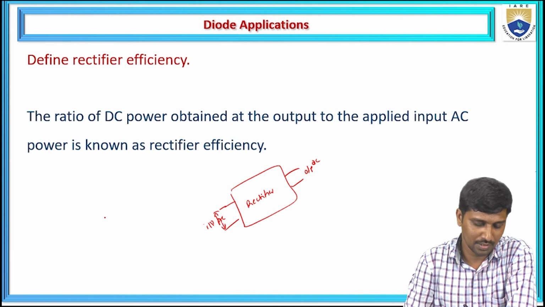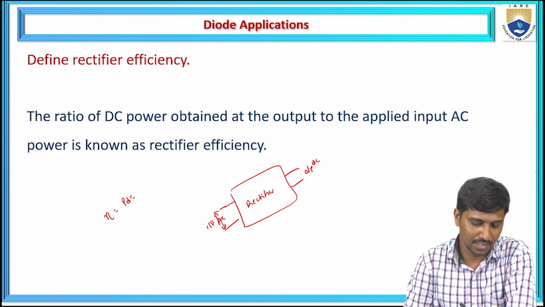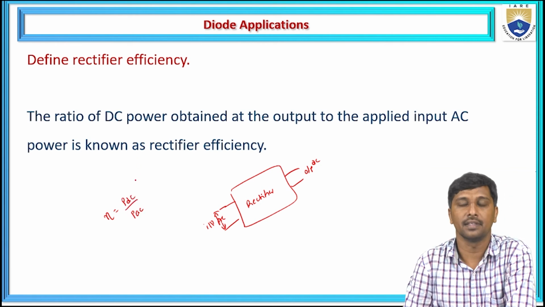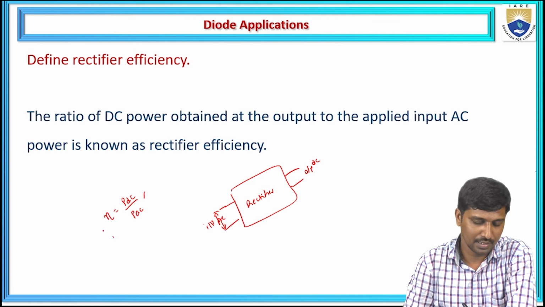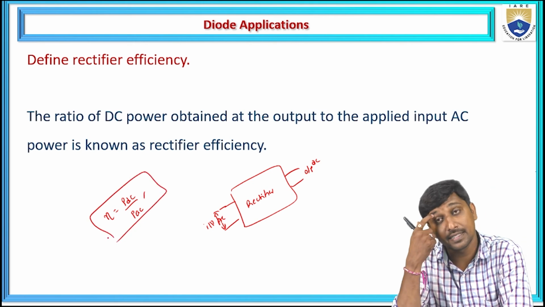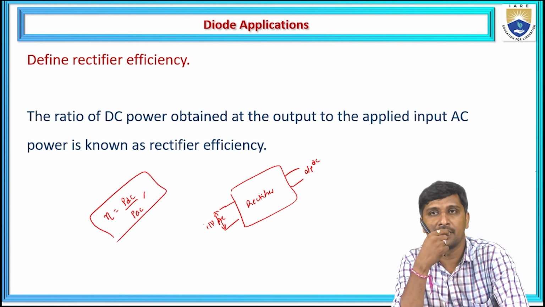If you observe the rectifier circuit, we apply an AC input signal, but the output is in the form of DC power, a pulsating DC output. This efficiency is represented by eta, the DC power delivered to the load divided by the AC power applied at the input side. That defines the efficiency of a given rectifier circuit.